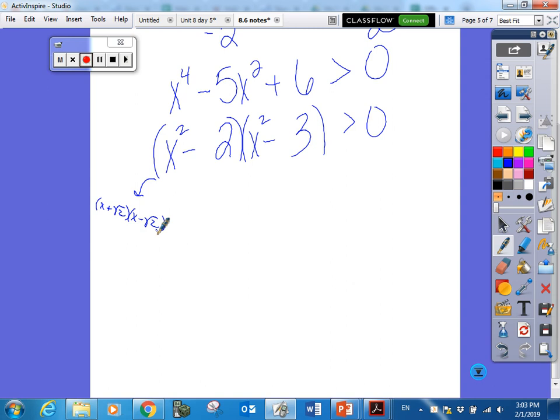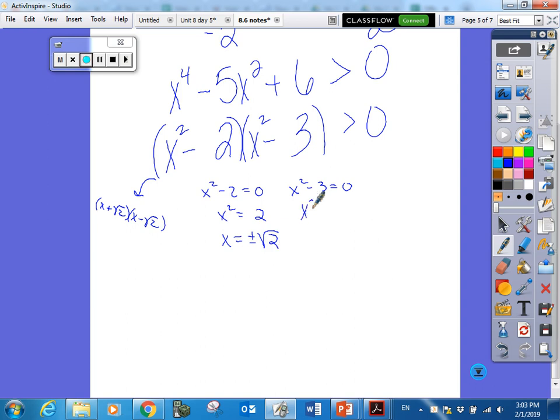That's a possibility if you can see that. Or when we get to this point, we can say x squared minus 2 equals 0, x squared equals 2, so x equals plus or minus root 2. If you solve using square roots, you've got to remember the plus and minuses. If you don't remember the plus and minuses, you might want to think about factoring.